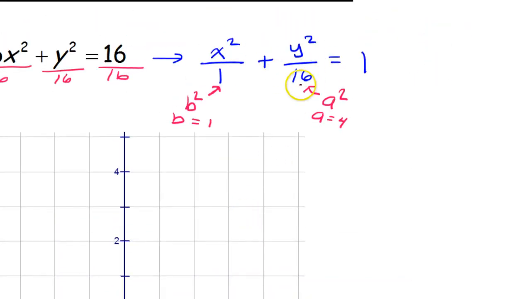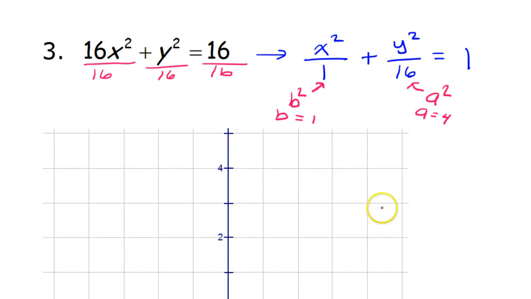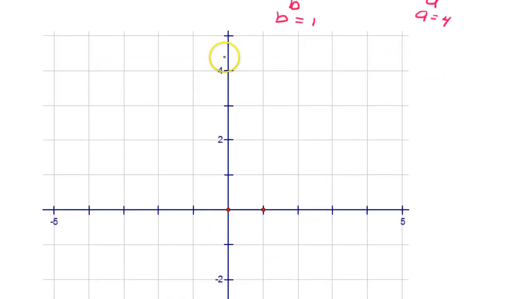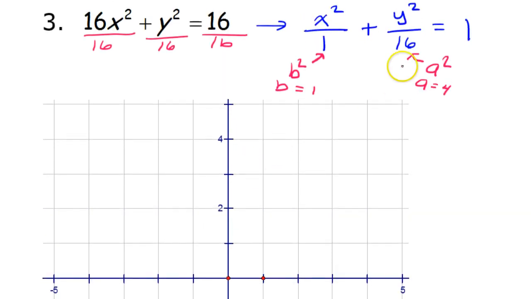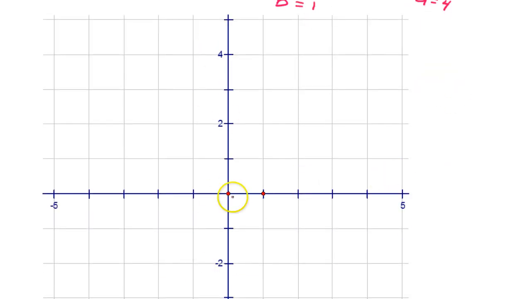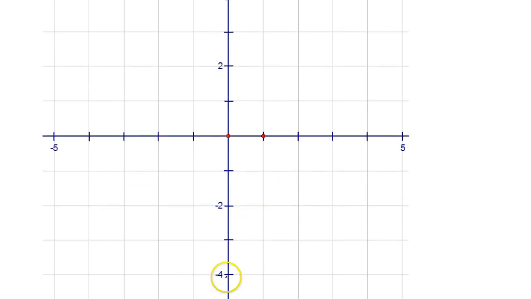Okay, now the bigger number tells us whether the ellipse will be stretched horizontally or vertically. Because the bigger number is with the y squared term, that tells us that this ellipse will be stretched out vertically. So the major axis will be vertical. So to place the vertices, I am going to go 4 above and below the center. So I'm going to go 4 up, and I'm going to go 4 down.